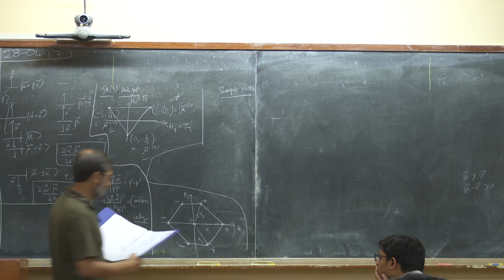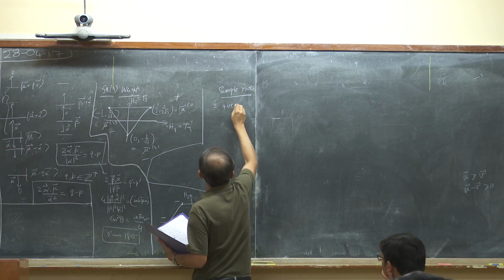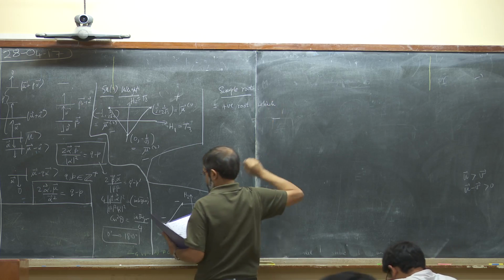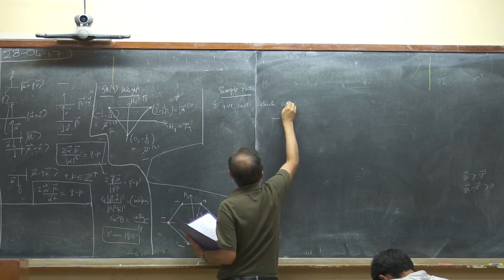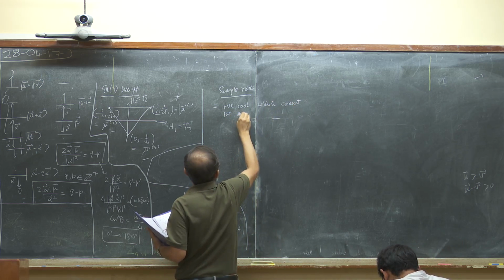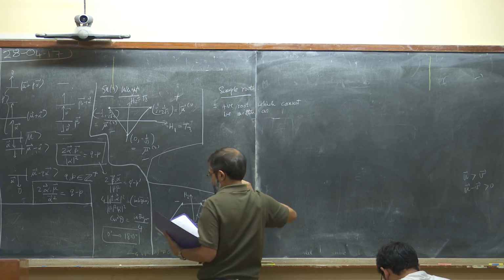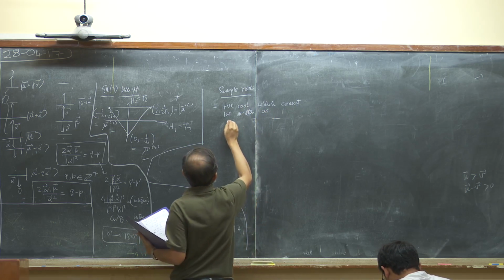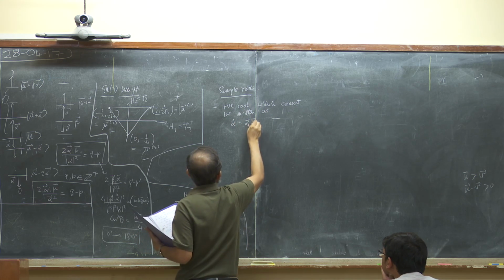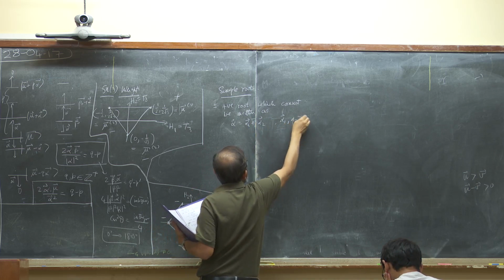All right. So, what's a simple root? A simple root is a positive root which cannot be written as alpha equal to alpha 1 plus alpha 2, where alpha 1, alpha 2 are both positive.